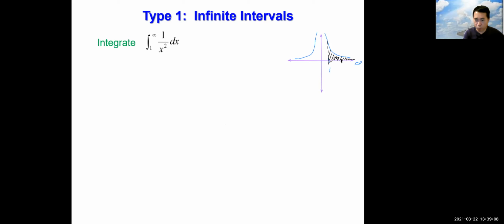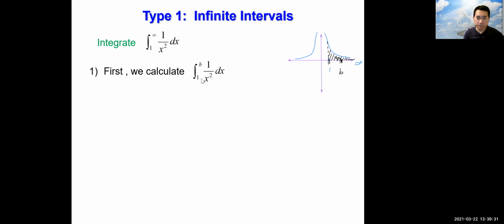So let's say 2, 3, or 5, or 7, right? I'll call it b, arbitrary. So can we integrate from 1 to b? Can you find the area from 1 to this? Yes, I could. Now that has become proper, right? It's normal. I can certainly do that.